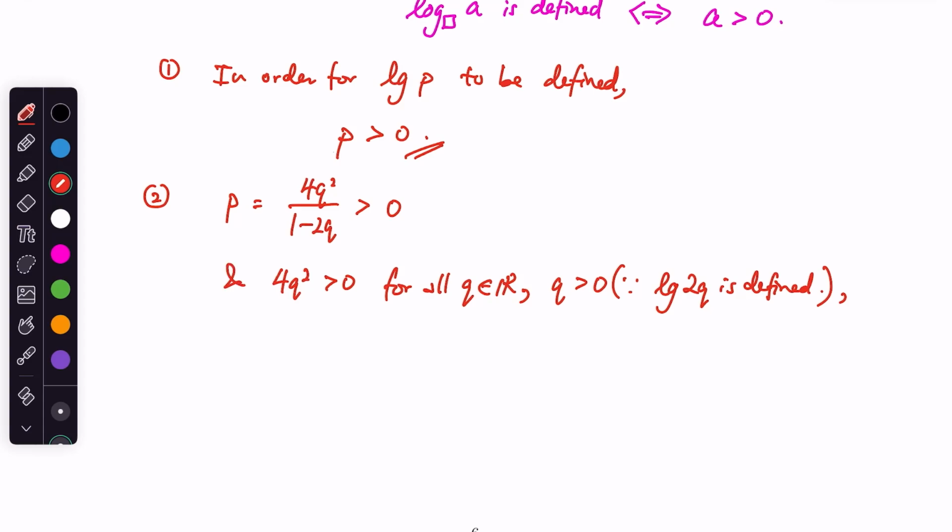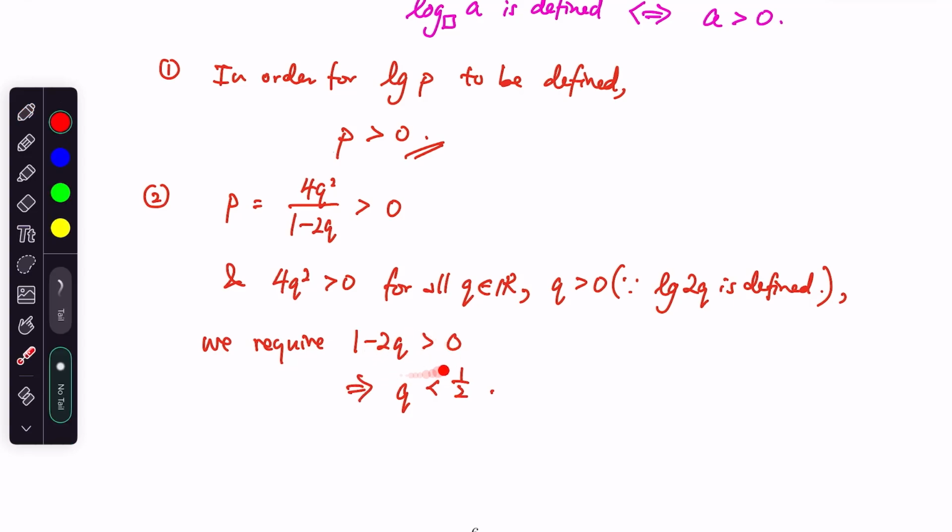We require that the denominator 1 minus 2q to be positive. In order for this to be positive, if you solve this inequality, you will get q is less than half. You shift some stuff around and you will get this inequality.